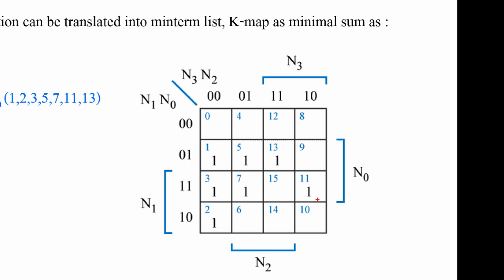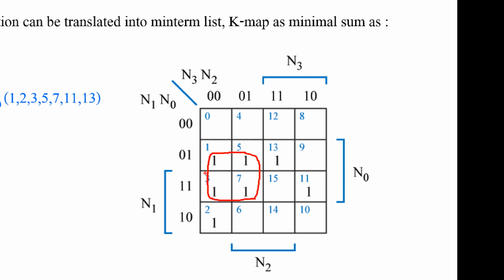Of course, you must select all logic 1 outputs, right? Tell me the cells. You can refer 1, 5, 3, 7.